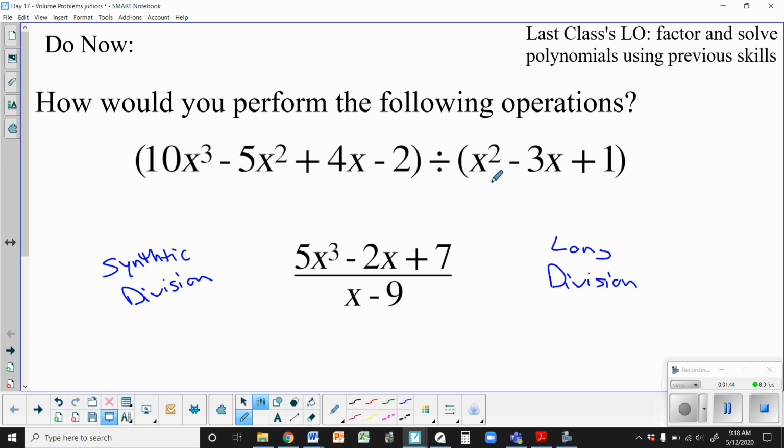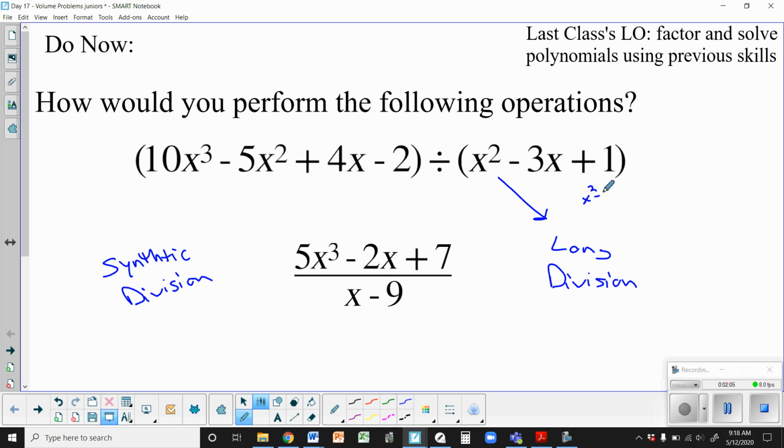When I see that I have to divide by x squared, I know that I have to use long division for that one, because I cannot use synthetic division like we did for other ones. So I have to set it up in that long division format.